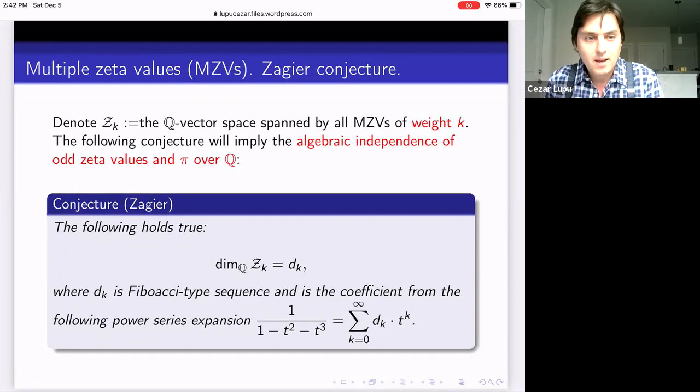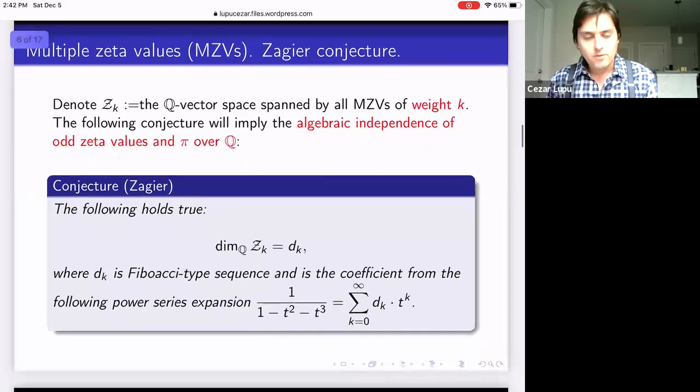First, let me denote Z_K to be the Q vector space spanned by all multiple zeta values of weight K. This conjecture is important because it would imply the algebraic independence of odd zeta values and pi over Q. It is conjectured that the dimension over Q is this Fibonacci-type number, which comes from the power series expansion of 1 over 1 minus t squared minus t cubed.